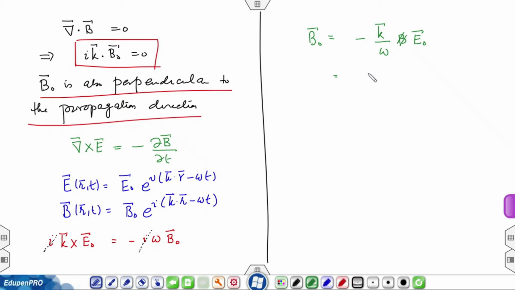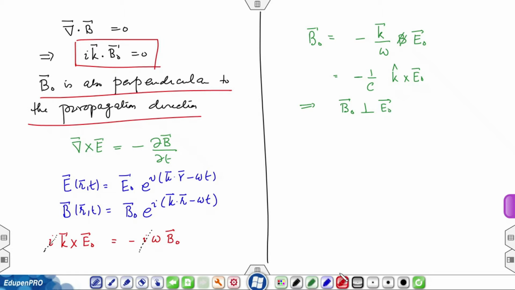So, it comes out to be 1/c, propagation direction unit vector cross E0 with a minus sign. So, this tells you that B0 is perpendicular to E0, such that the propagation direction times E0 with a minus sign in front gives you the B0 direction.